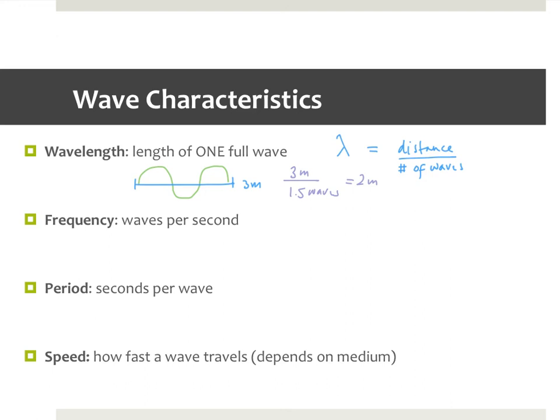Okay, frequency now is waves per second. We symbolize this with f. So it's usually waves, or you could have cycles or vibrations, which is another way of saying waves, over the number of seconds. So it's the number of waves over a number of seconds.